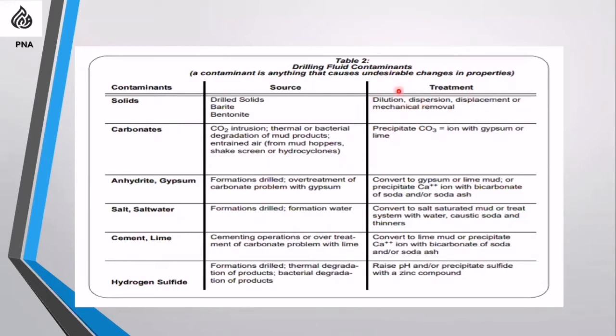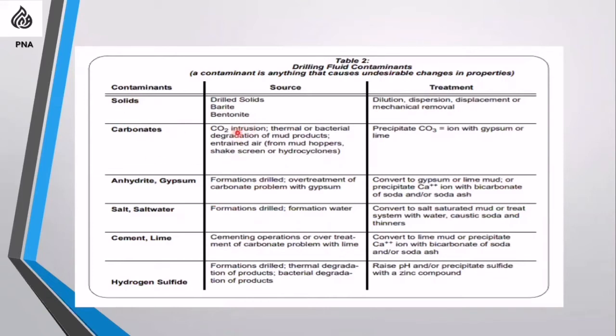So this is for drill solids. There is no way to treat it chemically. You have to treat it by dilution with fresh mud, or mechanical removal by solids control equipment: shale shaker, desilter and desander, mud cleaners, and centrifuge.